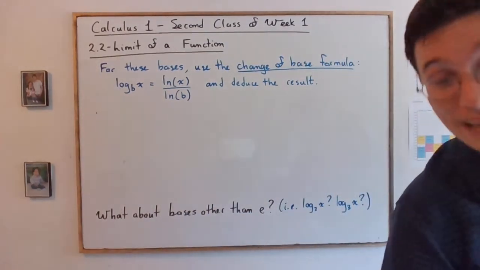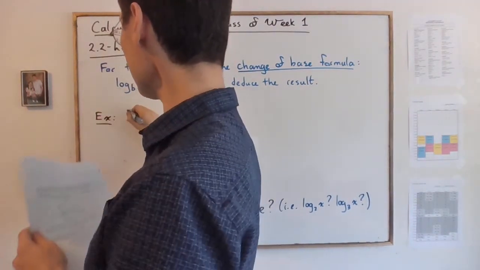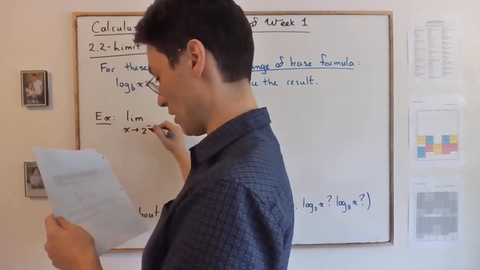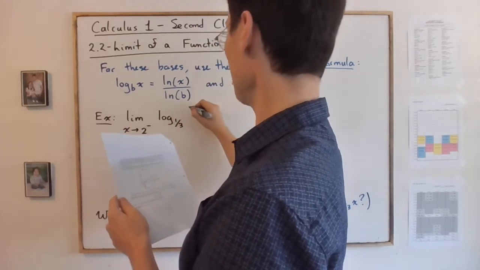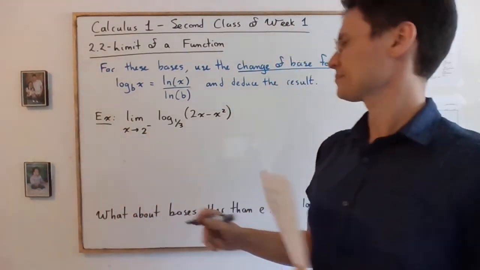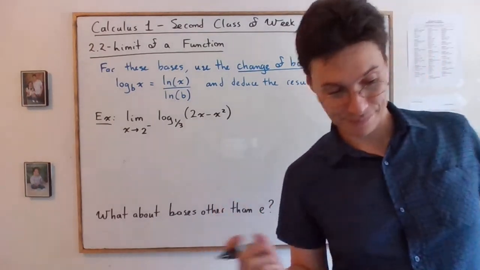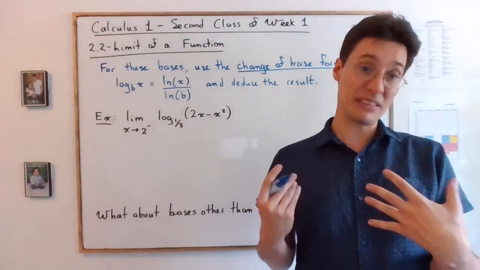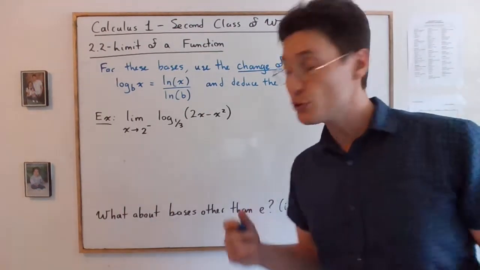So let's have a look at one example. Let's say that I wanted to find the limit as x is approaching 2 from below of log base 1/3 of 2x minus x squared. So how would you do this? The first step is going to look a little bit different, and I'm going to outline this in the next video, but I'm going to tell it to you right away.